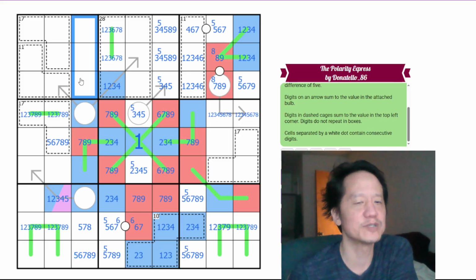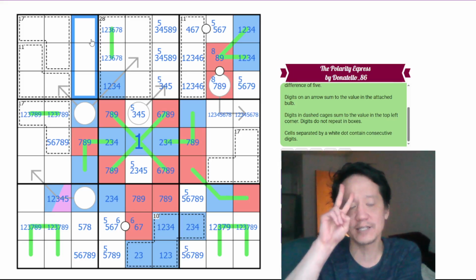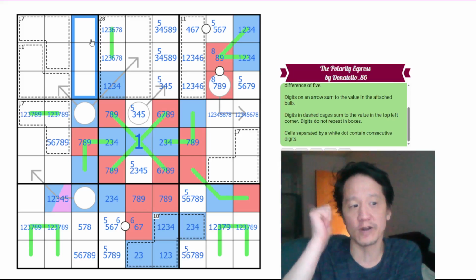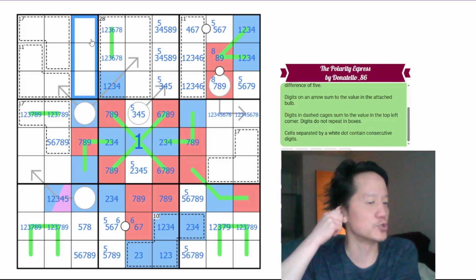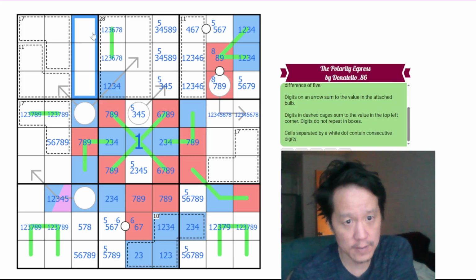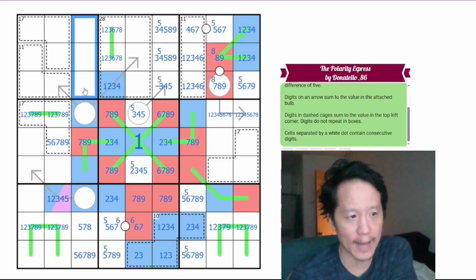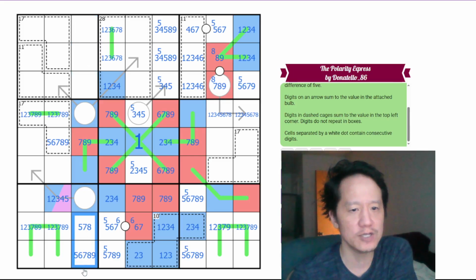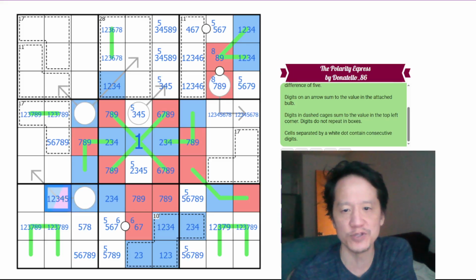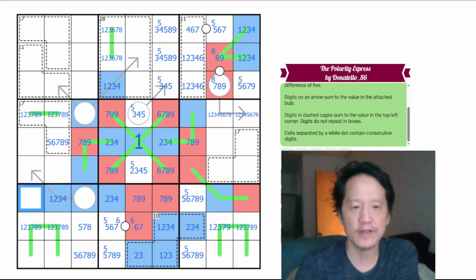So trying to add up to 17, you cannot have 2 lows because the maximum for 2 lows is 3, 4, and 9, which adds up to 16. So it has to have 1 low, but it cannot have more than 1 low here. Well, these can't be low. This can't be low. Therefore, these are guaranteed to be low. So therefore, this has to be low. Therefore, this is 5 through 9 here.